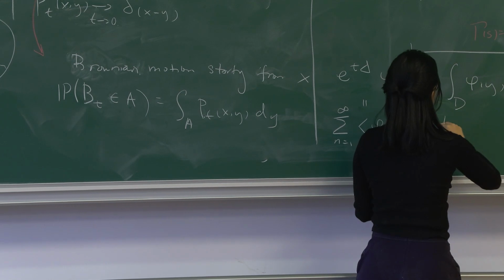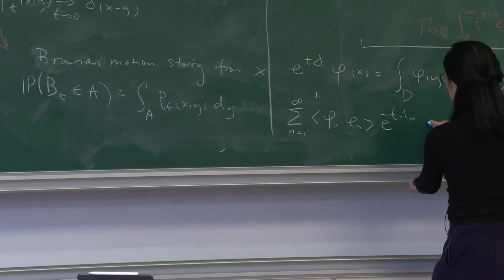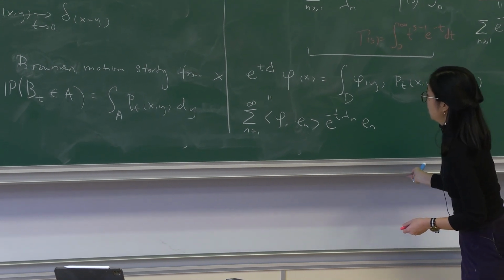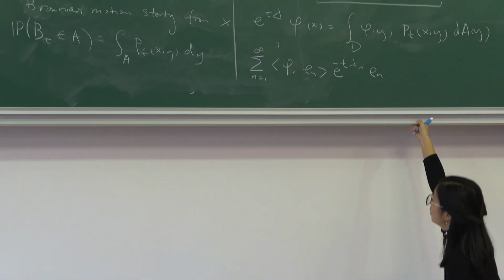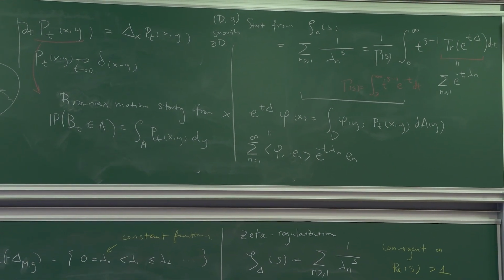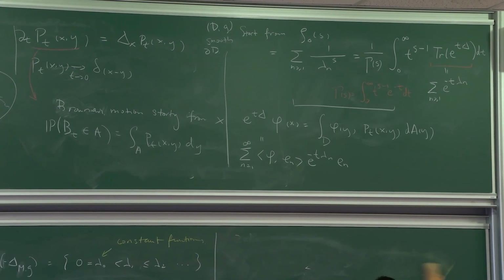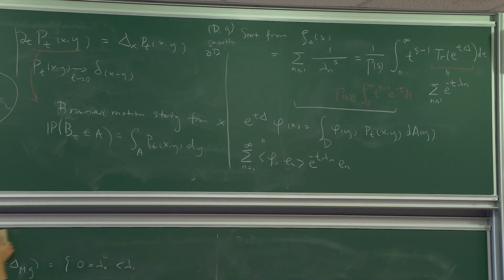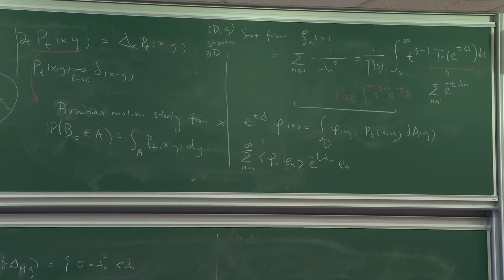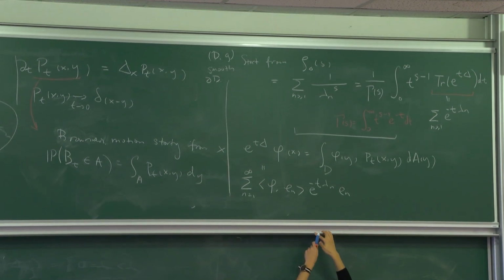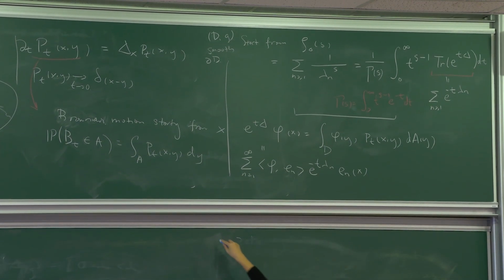So this will be exponential of minus t lambda_n times E_n(x).